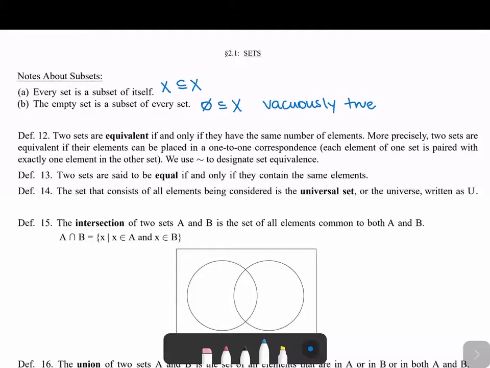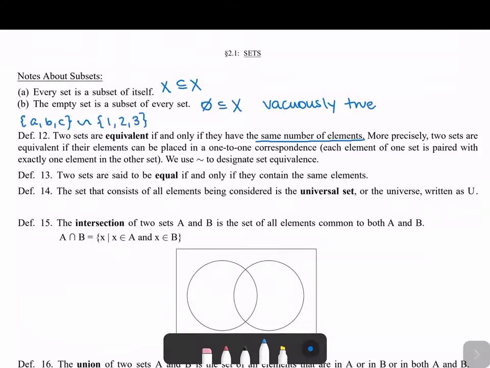So now we're going to talk about two sets being equivalent and the difference between equivalent and equal. So two sets are equivalent if and only if, right? That's that biconditional. If they have the same number of elements, that means that they are equivalent. So, for example, we have the set A, B, C, and we say that they're equivalent using this tilde, that this is equivalent to 1, 2, 3.